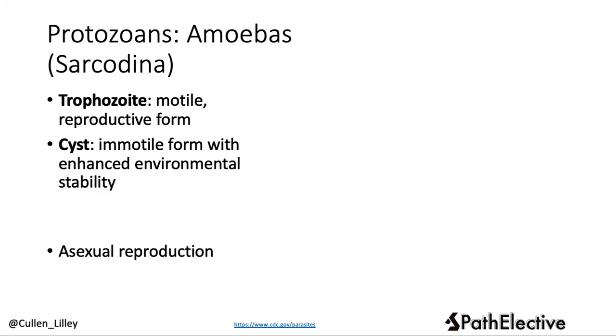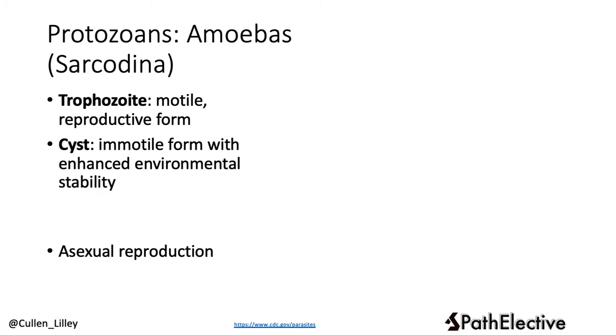The protozoans, the first class is the amoebas. So these are actually in the Sarcodina subphylum, and the big characteristics they have are a trophozoite, which is a motile reproductive phase, and a cyst, which is an immotile phase with enhanced environmental stability.